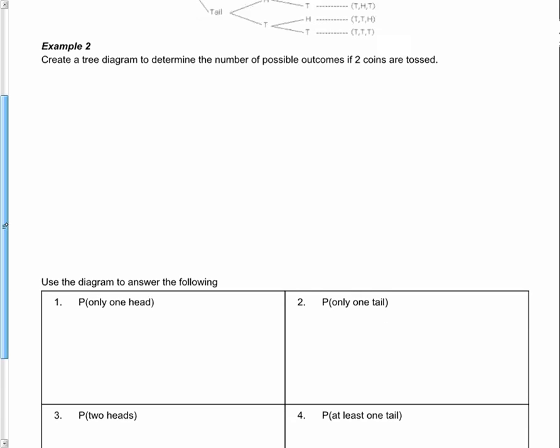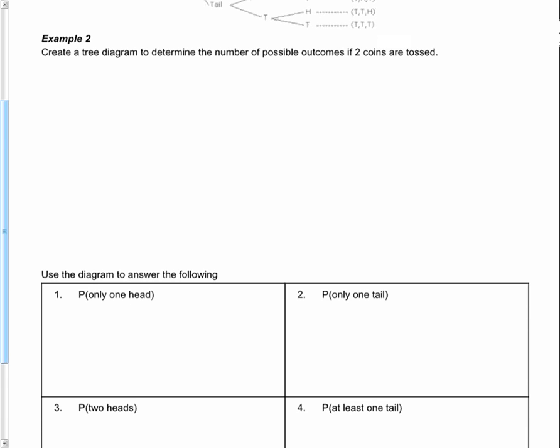In example 2 it says create a tree diagram to determine the number of possible outcomes if 2 coins are tossed. So we have 2 coins. Here is our first coin, and here is our second coin, and each one of these situations represents a single flip.